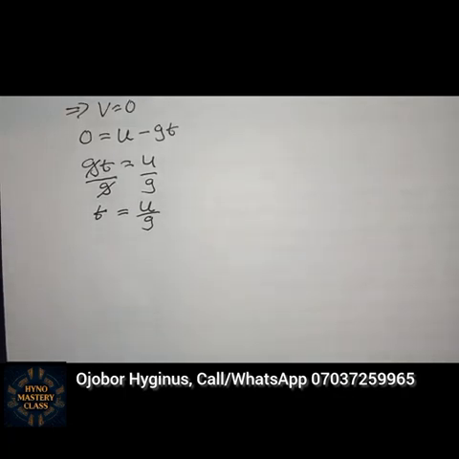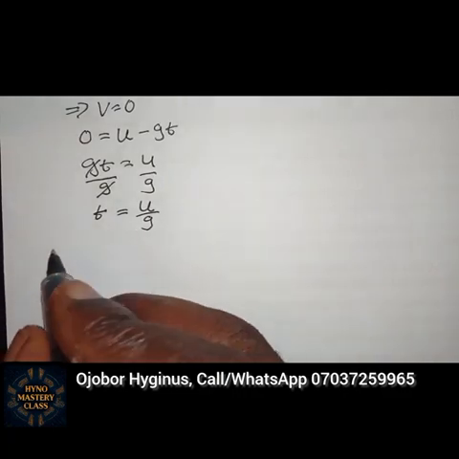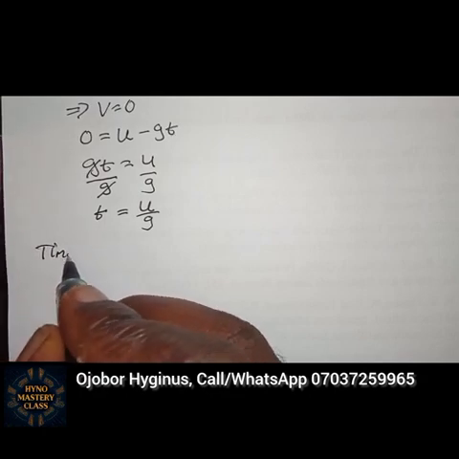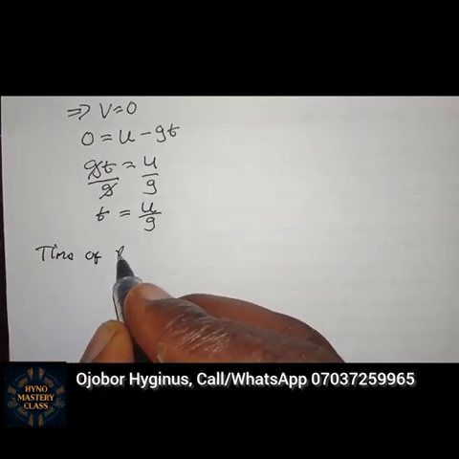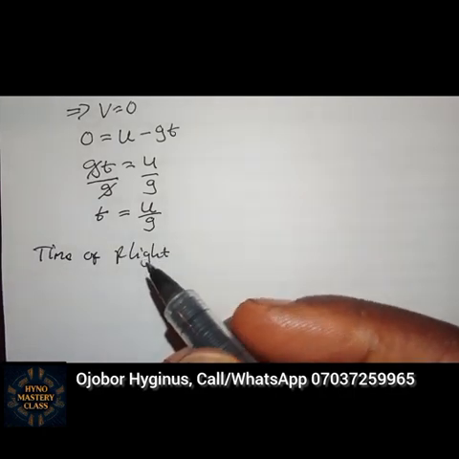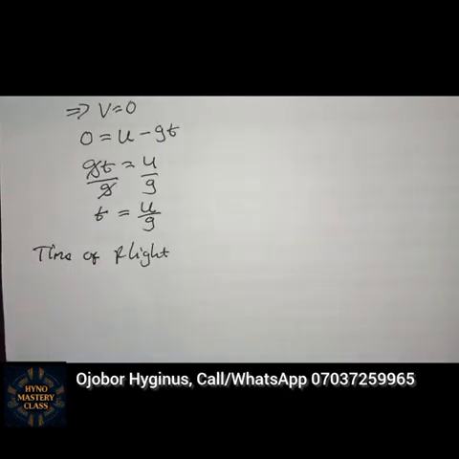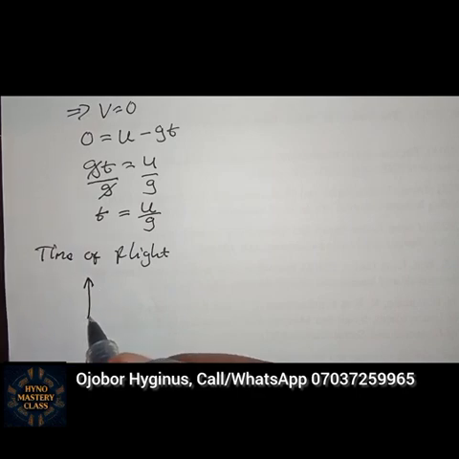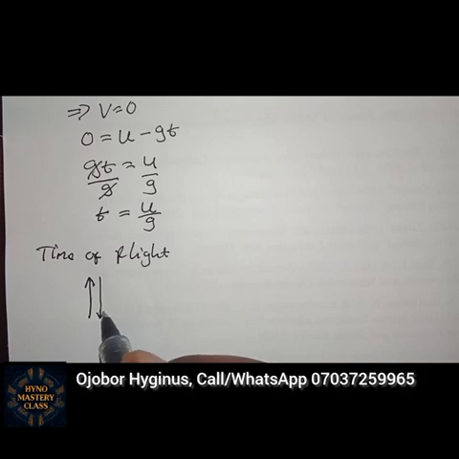Another quantity that is very important we need to know is the time of flight. Time of flight is the time spent by the object in air. If the point of projection is level, then a body projected to a certain height will come down to the same level of projection.